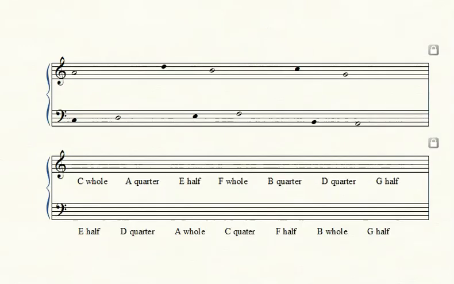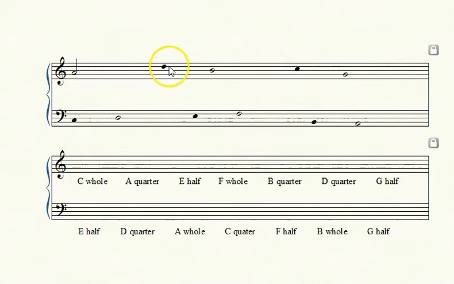Let's take a look at some exercises. For our first exercise, we are going to draw the stems in the correct direction with the correct length. Let's get started. For our first note, we see it is below the third line. And we know if a note is below the third line, the stem will face up on the right.